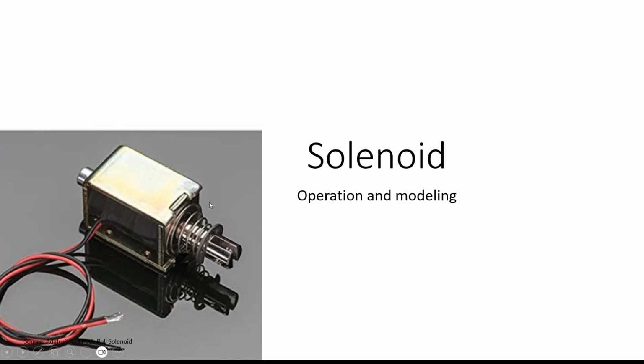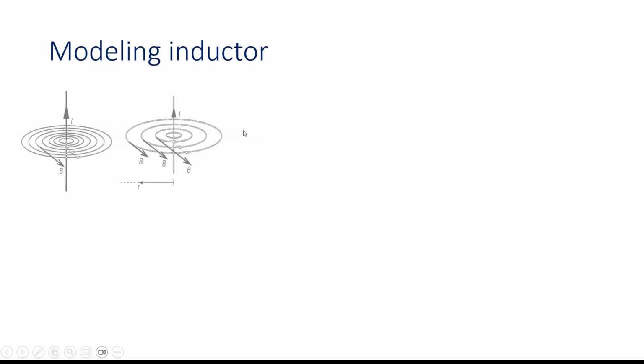So now let's see what physical laws play a role in the operation of that solenoid. Suppose I have a wire through which a current flows, like here. Then a magnetic field is created and the field lines are created around these wires, denoted by the letter B. The greater the current, the greater the number of field lines, so the greater the total magnetic field.